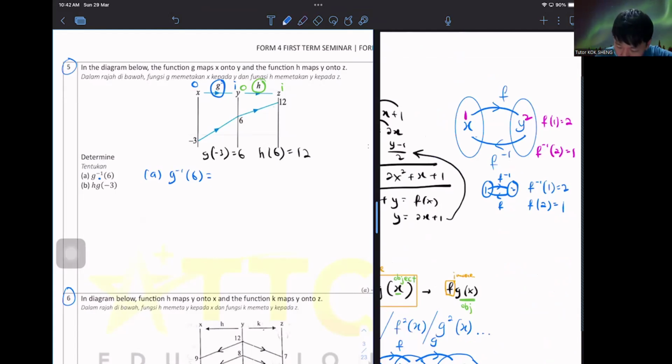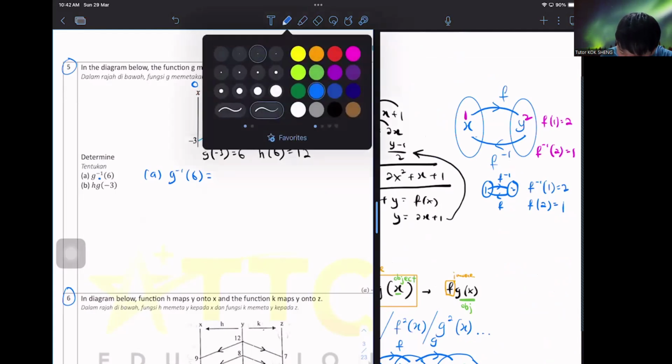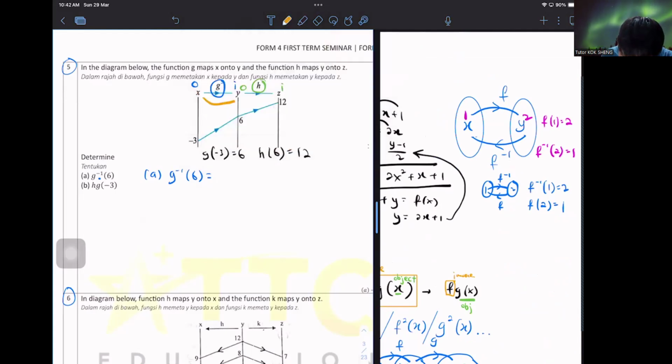G is left to right, so g inverse will be going backward, opposite direction. So you know the answer, easy. G inverse is right to left.